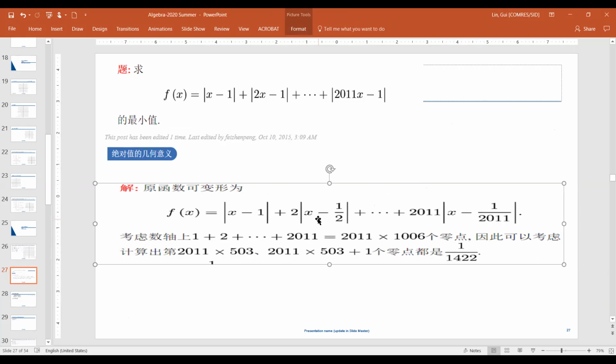Because we are introducing the absolute value, right? We need to find out how it's normally used in real life. It means a distance, just like the dot to the 1, it means the distance. When the distances become bigger, you add the distances together and find the shortest distance when you travel.